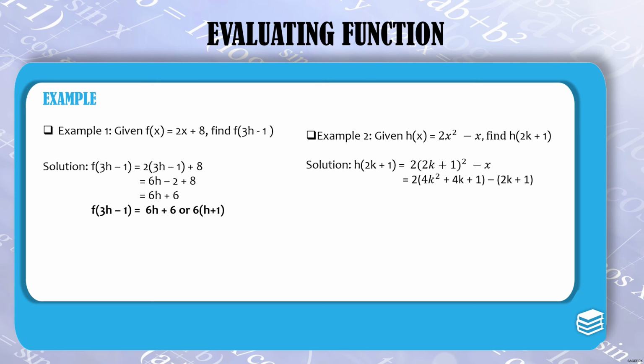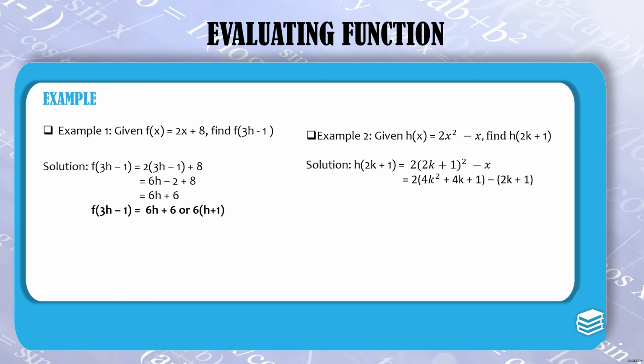Okay, so ayan, pag in-evaluate natin si 2k plus 1 quantity squared, that is 2k plus 1 times 2k plus 1. Pag minultiply nyo yun, we will get 4k squared plus 4k plus 1.